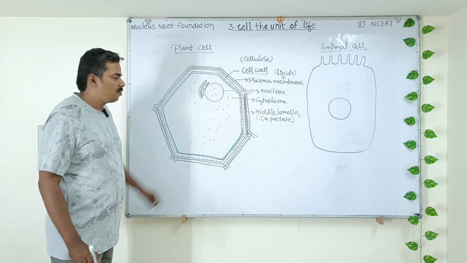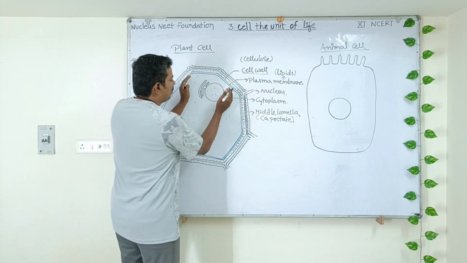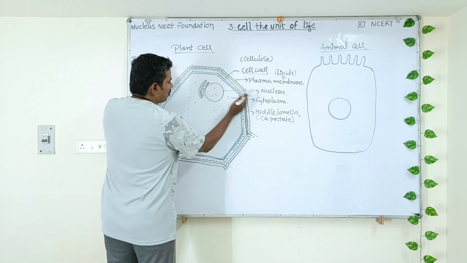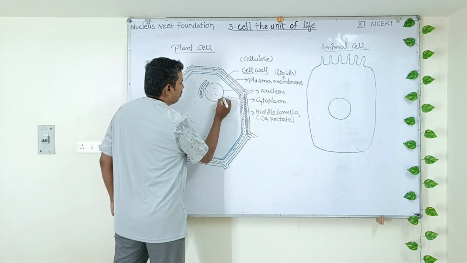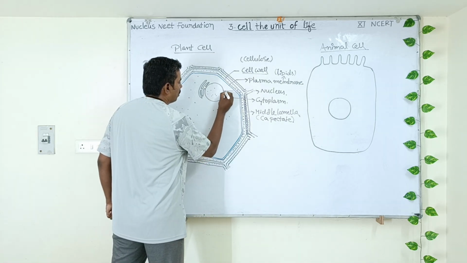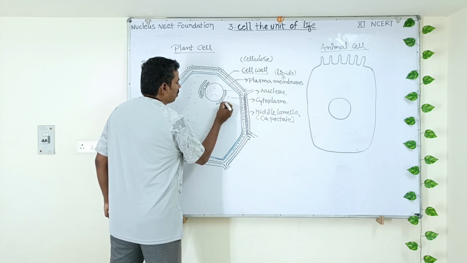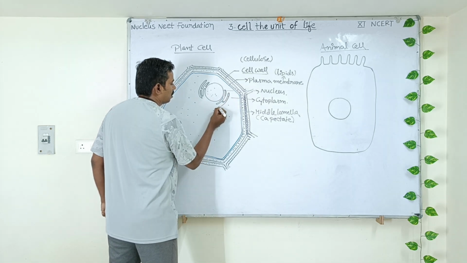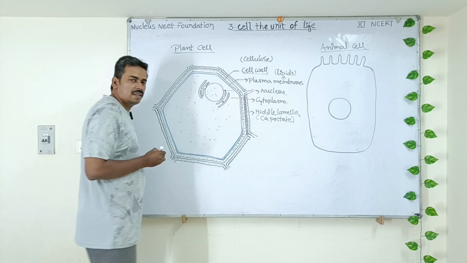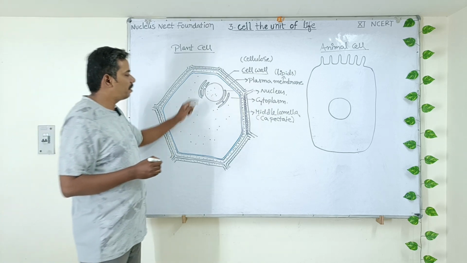It is network of tube-like structures which is distributed around the nucleus towards the periphery. It is called endoplasmic reticulum. Here also I am drawing endoplasmic reticulum. It is network. Network of what? Network of tube-like structures present around the nucleus, it is called endoplasmic reticulum.